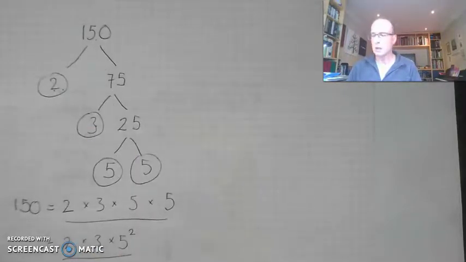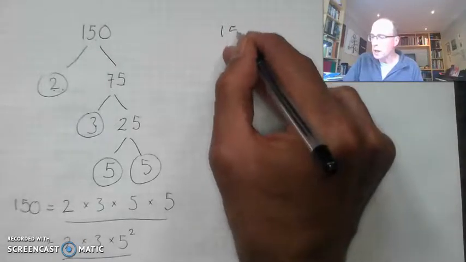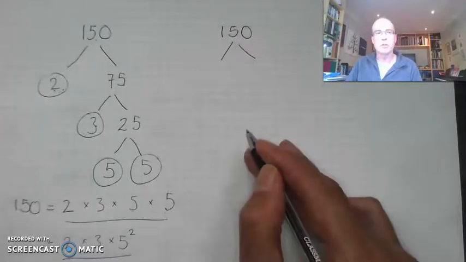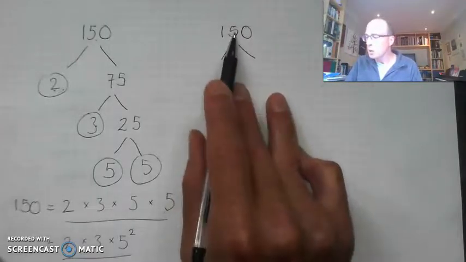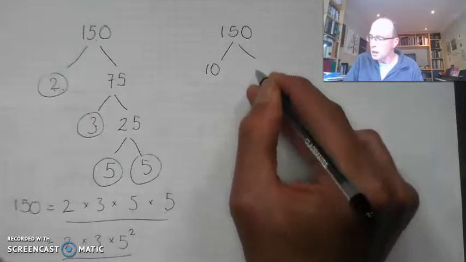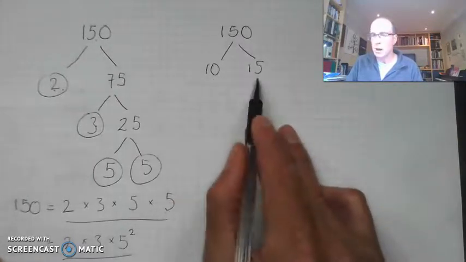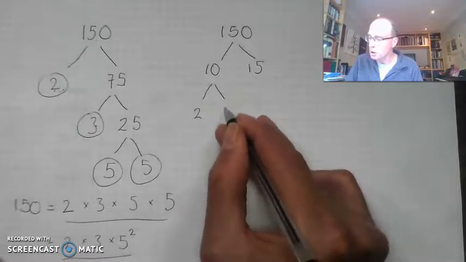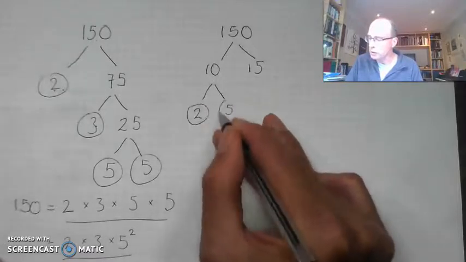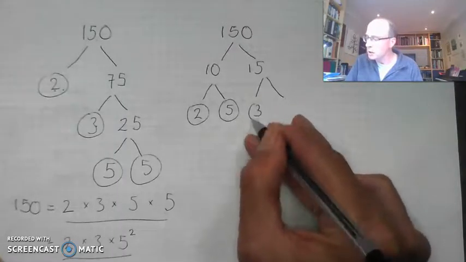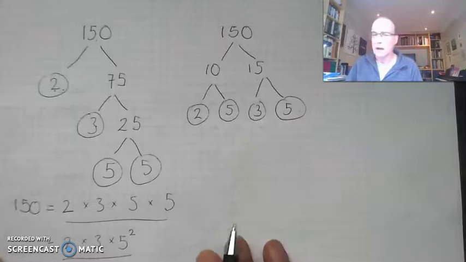It's looking good. Just want to show you quickly, if I were to use a slightly different tree from 150, or one of my factors of 150, 10 is always going to be a good one, and 15, neither of those are prime. I break that down, I've got 2 and 5, those are both primes. I can break my 15 down into 3 and 5.